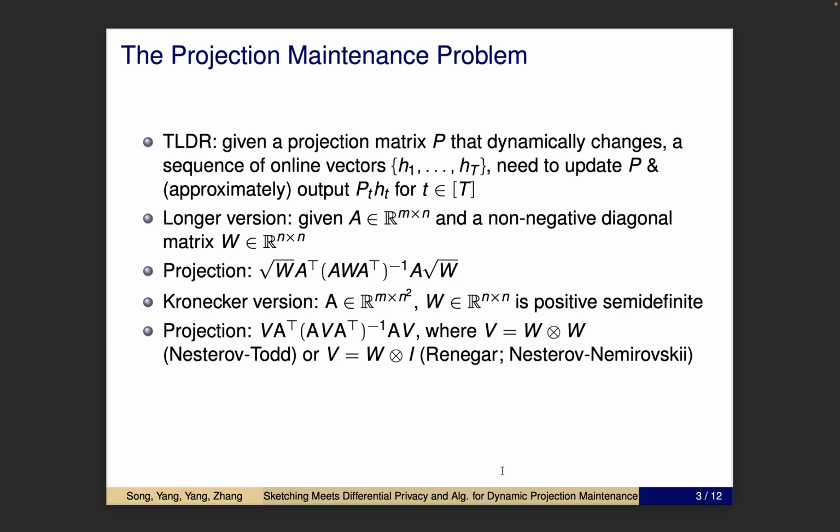This can be viewed as the affine scaling algorithm due to Kronecker. For this talk, I will ignore the updates to W or V, and we'll be focusing on approximating the matrix vector product between a static projection matrix and a sequence of online vectors.